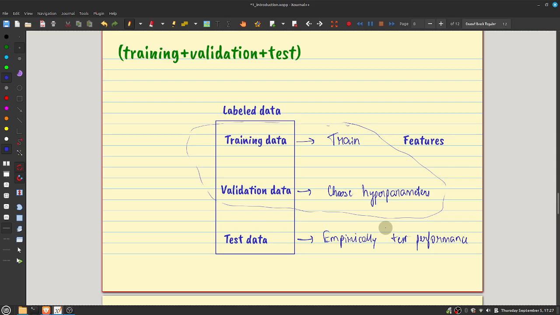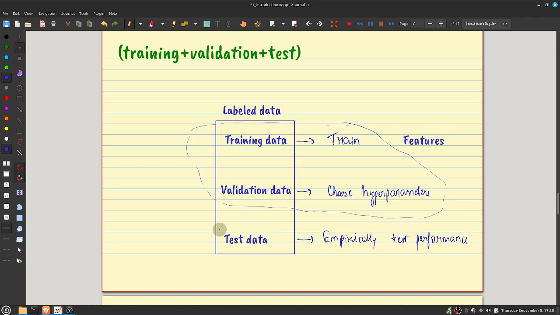Now, again, the intuition behind this is that if you have enough test data, the one fundamental rule that you have to remember is that your test data should not be used to design your algorithm or make any tweaks to your algorithm. That should always be untouched.